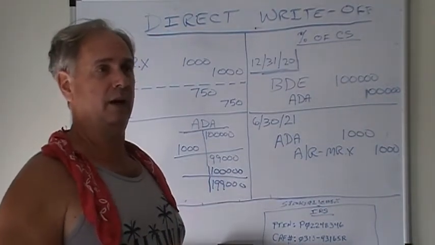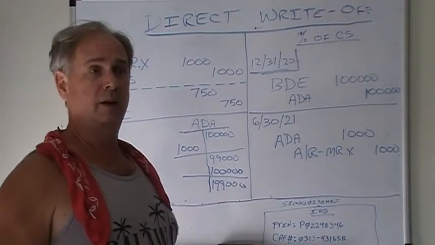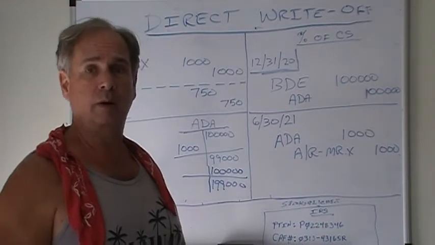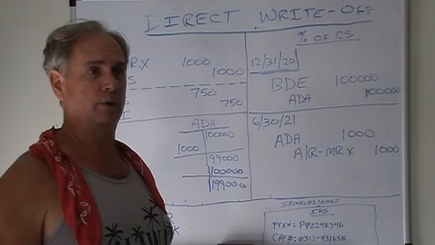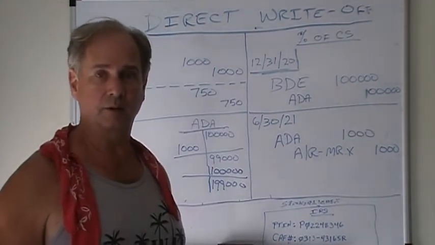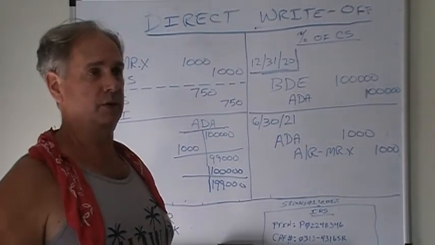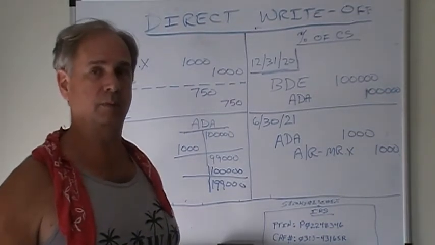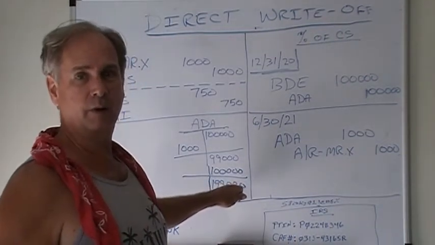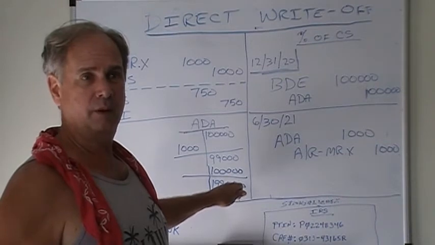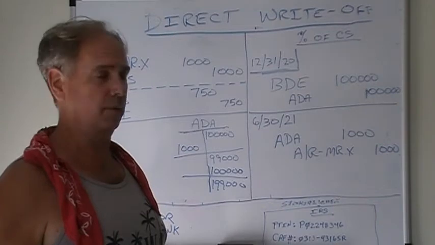So as the allowance keeps getting bigger, the net effect is that it eats more and more into your accounts receivable. And so you're introducing error, okay, uncertainty. So there's another way to do this. It's called the percentage of accounts receivable, which helps dampen down the error that we're introducing by constantly adding to the allowance for doubtful accounts account.